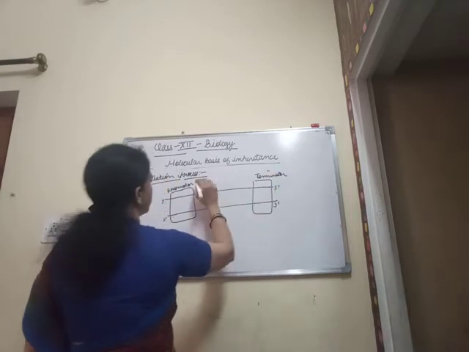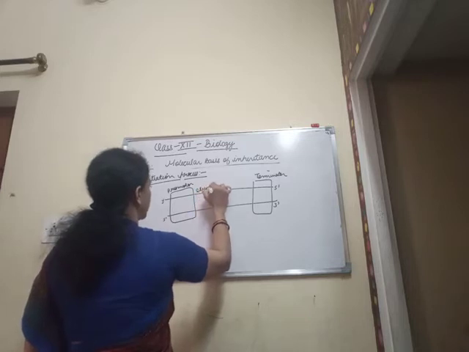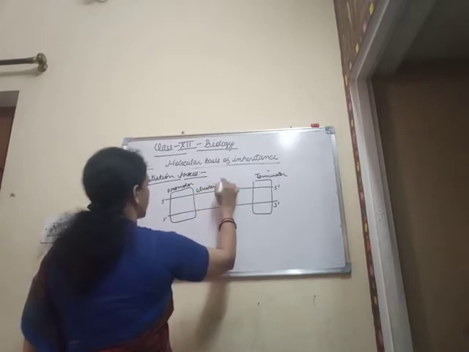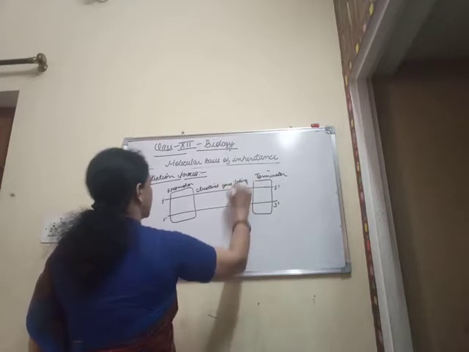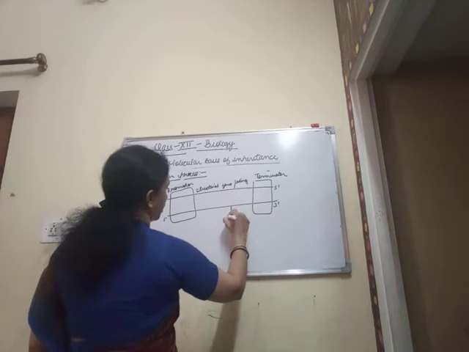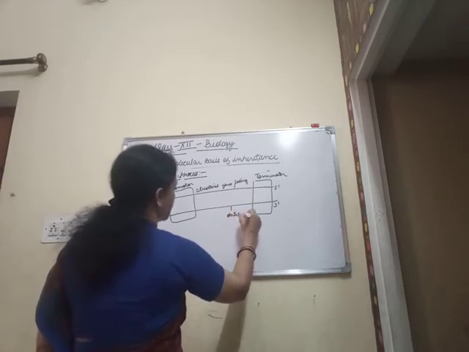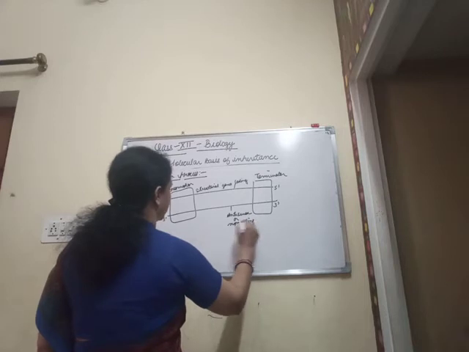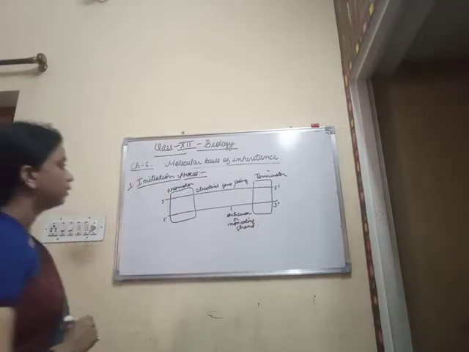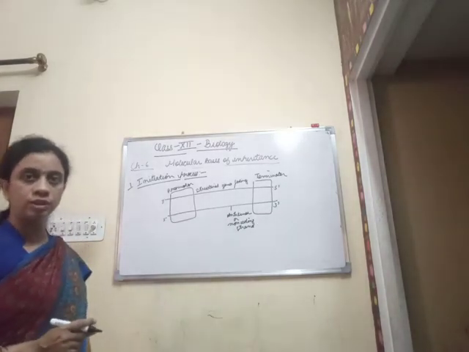Clear? This is the structural gene. This is the coding strand. This is the antisense or the non-coding strand. Clear? So this is the diagram of the transcriptional unit.